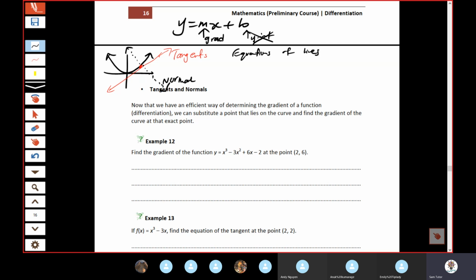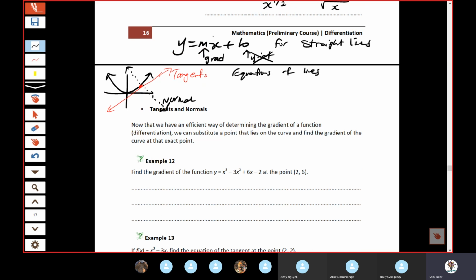Now, you only had these lines for straight lines, right? So everything that we were dealing with up to the end of year 10 has been pretty much for straight lines. So you were meant to find the equations of straight lines.